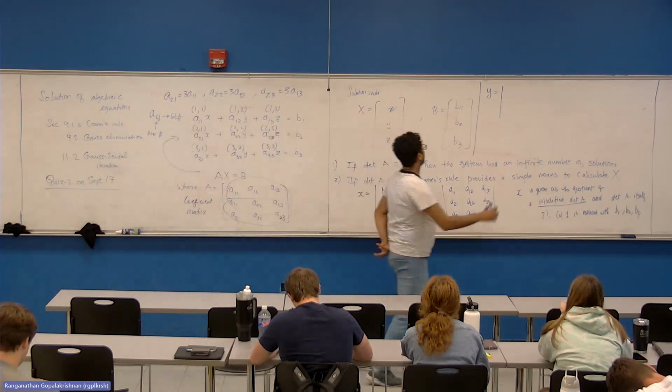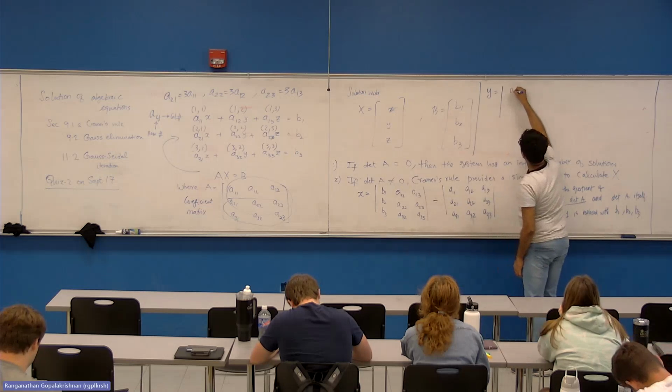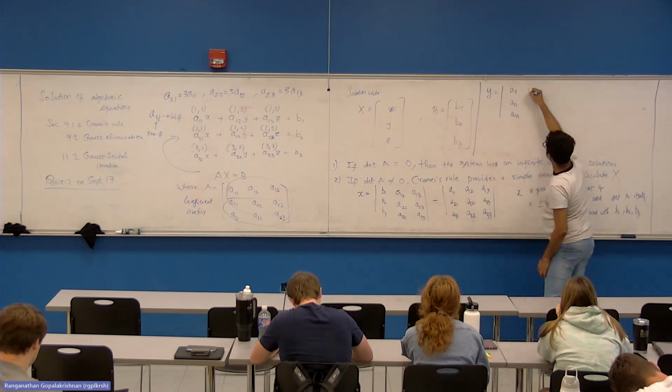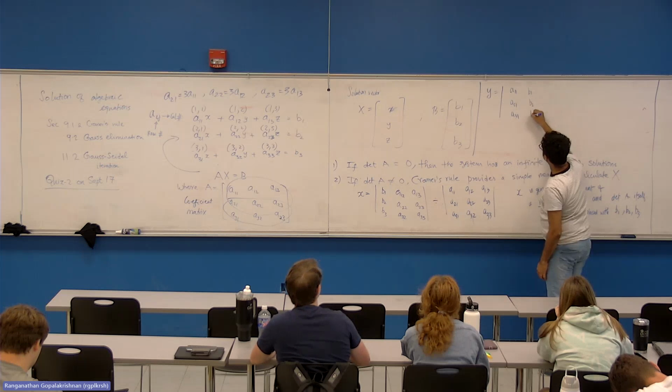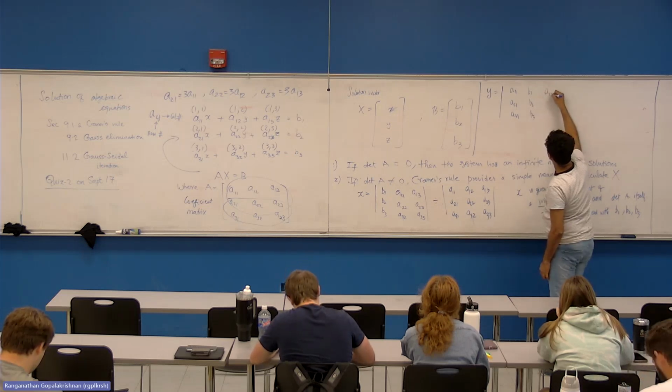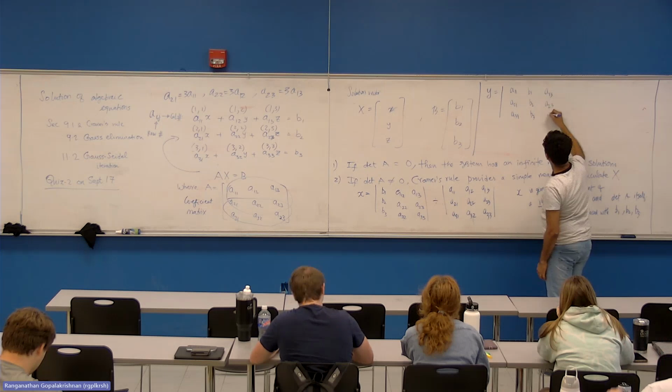So y would be A11, A21, A31, B1, B2, B3, A13, 23, 33.